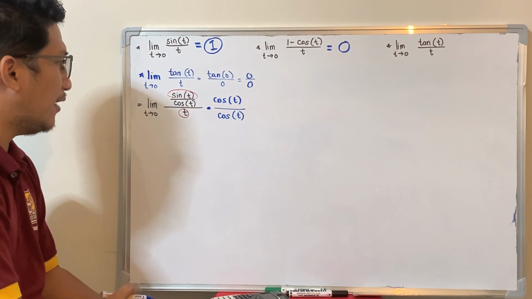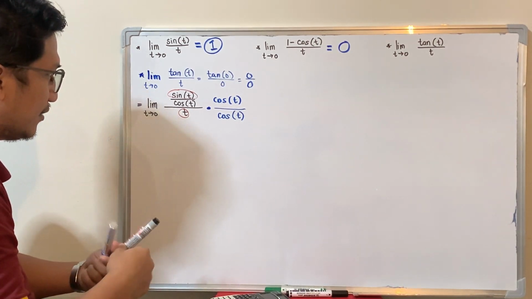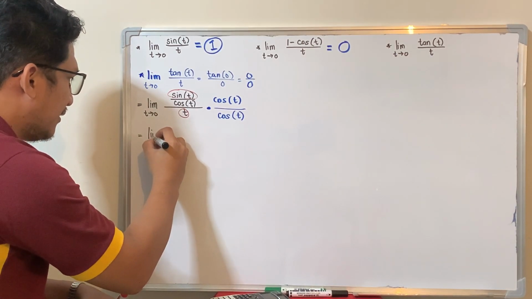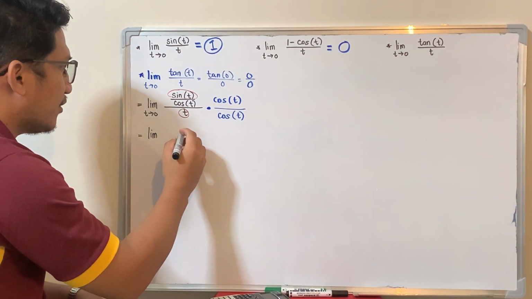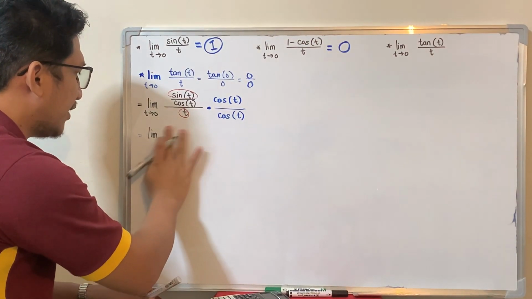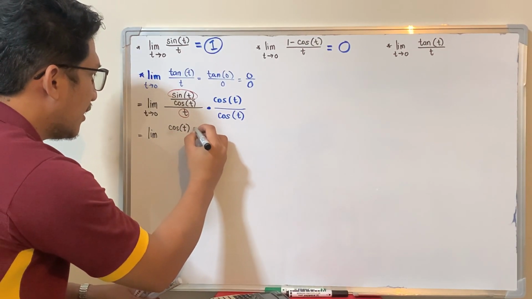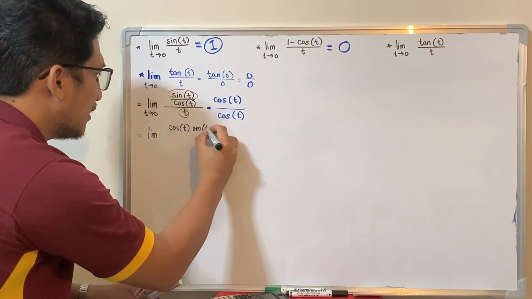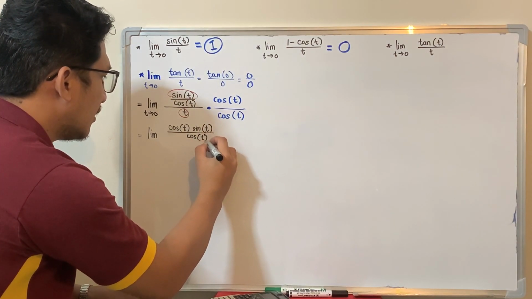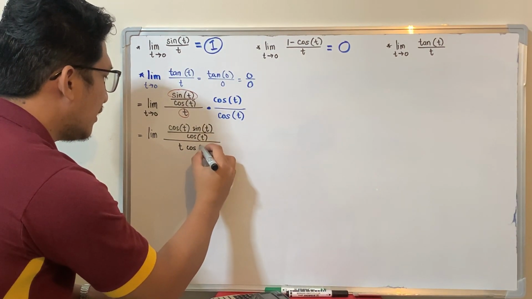Now, from here, this is now equal to the limit. Let me show it. It becomes cosine t, sine t, all over cosine t, all over t cosine t.